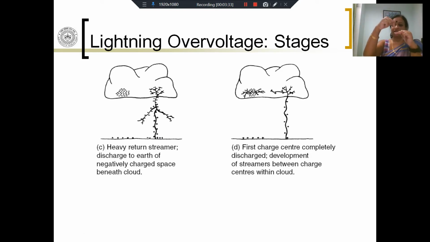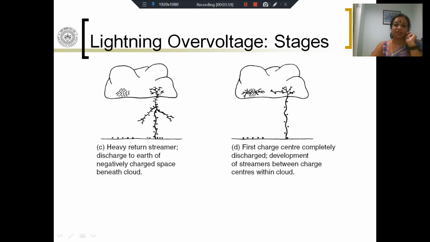Just as it is about to reach, there is a bridging of this very highly stressed region between the streamer and the earth, and therefore a very large discharge flows between the earth and the cloud. And this heavy return streamer, which discharges to earth all the negatively charged space beneath the cloud, is very dangerous, because it carries the maximum current.